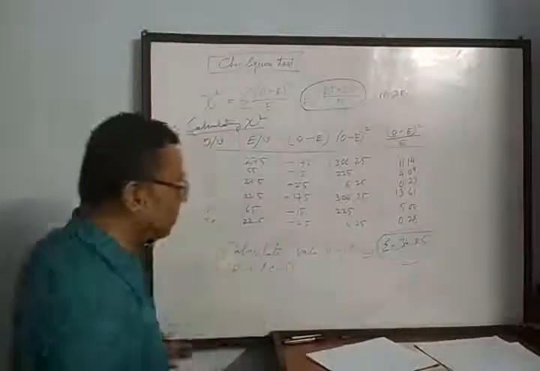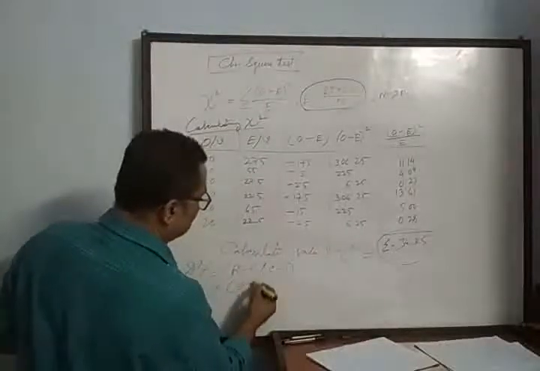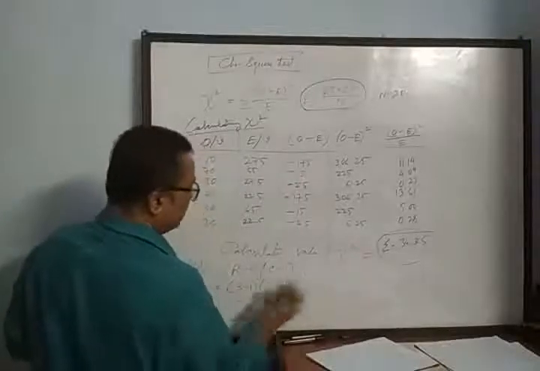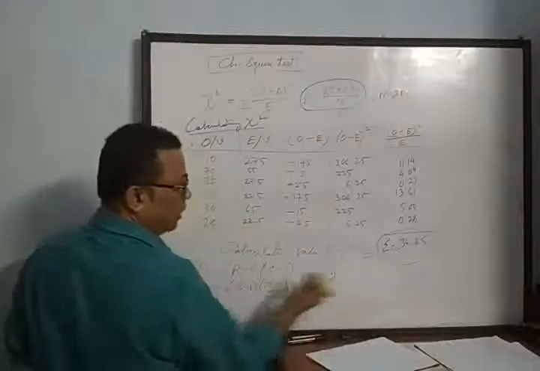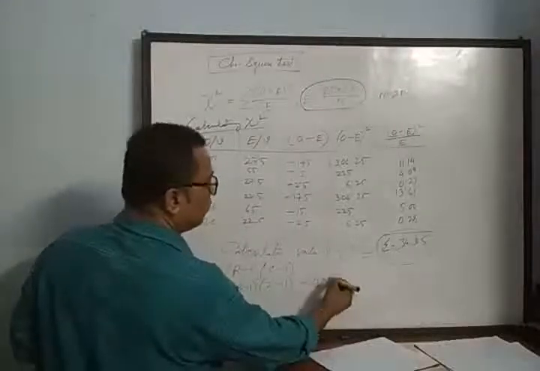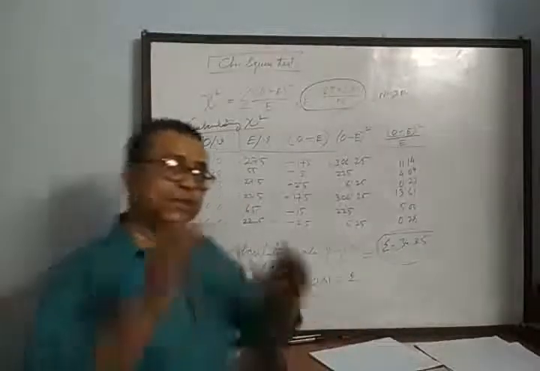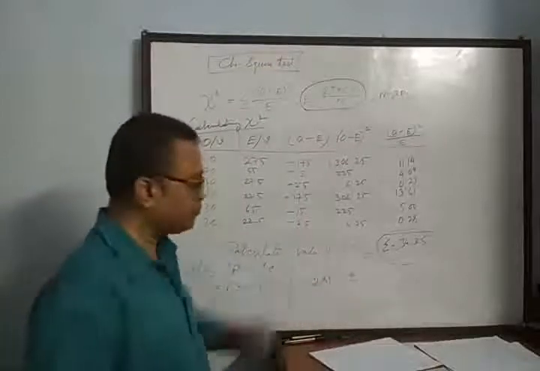How many rows are there? 3. So 3 minus 1, and column: how many columns are there? 2 minus 1. So ultimately we will get 3 minus 1 is 2 and 2 minus 1 is 1. Means the degrees of freedom for this particular case will be 2.